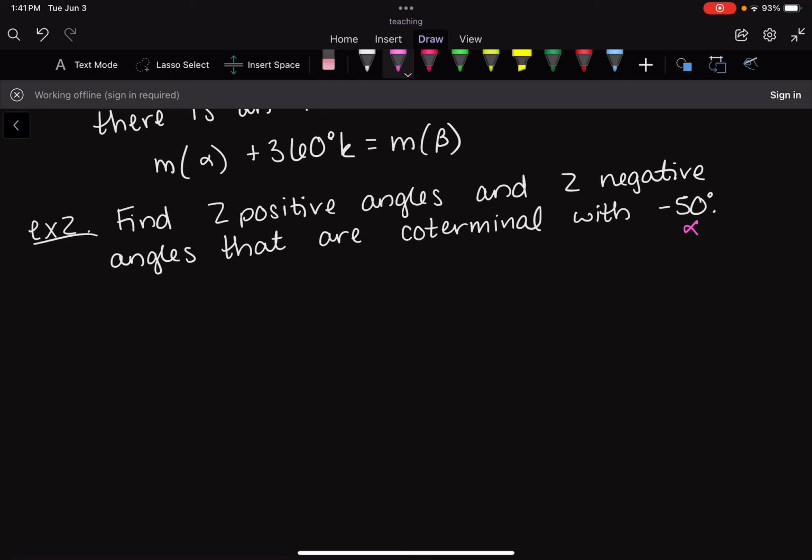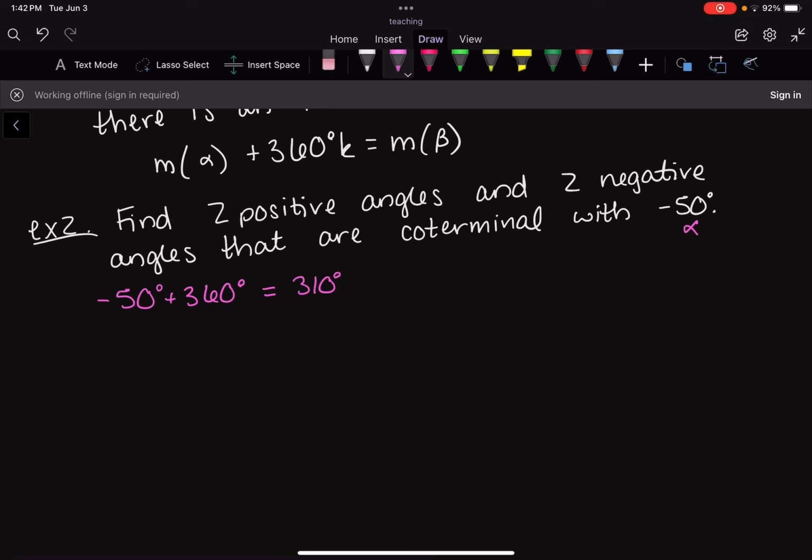So if we want a positive angle, you want to think, should we add 360 or should we subtract 360? Well, I want a positive angle, so I'm probably going to need to add it. So I'll start with negative 50 degrees, and then I'll just add 360 to that. And that answer is going to give me 310 degrees.